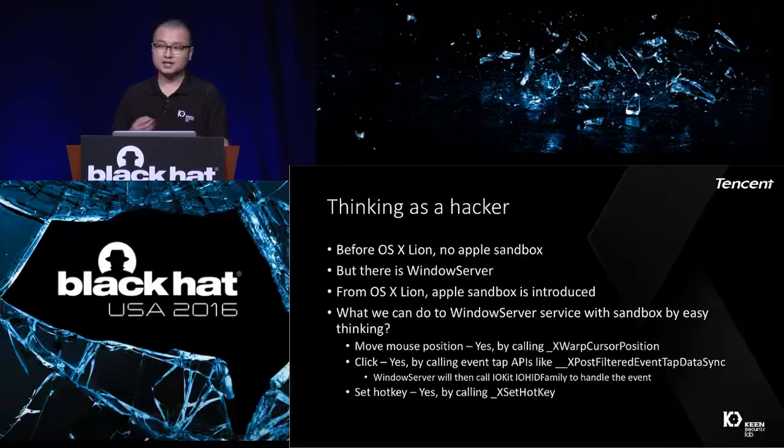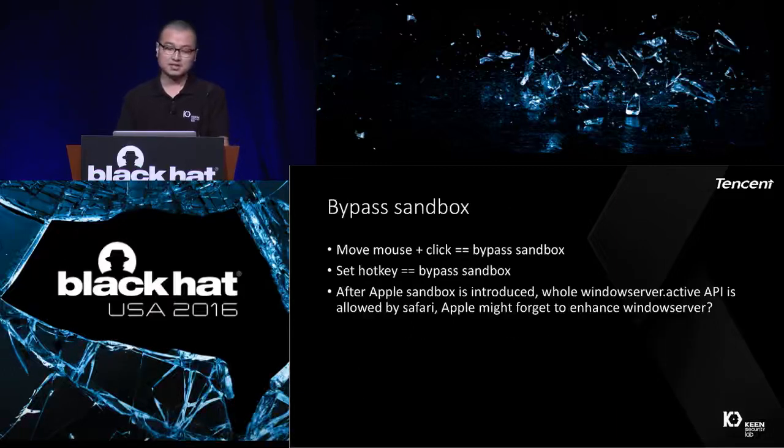If you think of it as a hacker, for me, I think this way: before OS X, there was no Apple Sandbox, and at that time, WindowServer had a longer history than the Sandbox. And after the Sandbox was introduced, we may think there may be some flaw or something that Apple failed to consider. So we began to think about it.